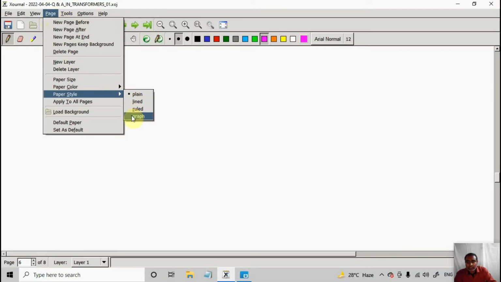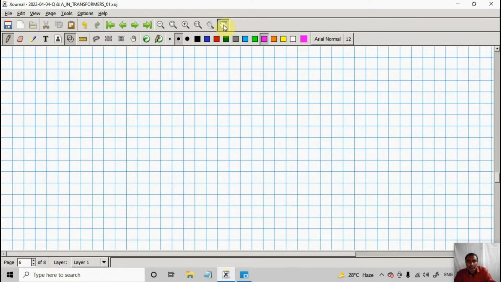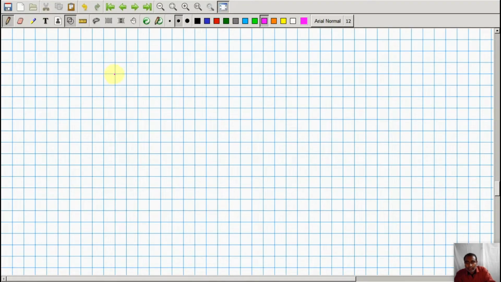I am writing here terminal A2, terminal B2, terminal C2. So I have taken three vertices. Let's say this is your A2. I have started writing from the top position, that means the vertex position.